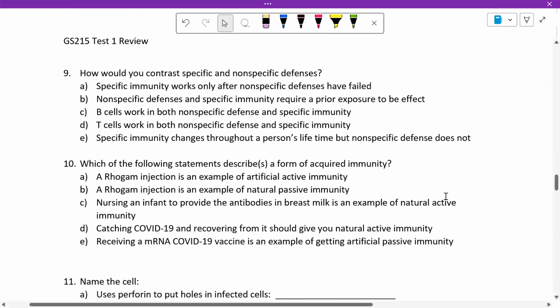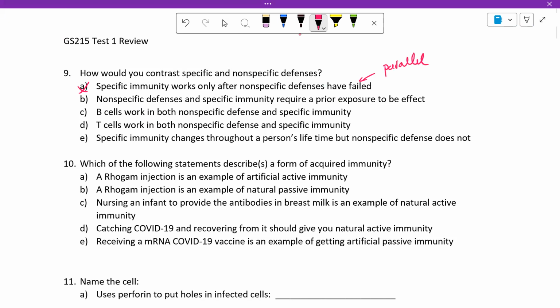All right. How would you contrast specific and non-specific defense? For the interest of time, I'm just going to go through it with you. Specific immunity works only after non-specific have failed. Not necessarily, right? They could be parallel to each other. Non-specific defense and specific immunity requires prior exposure to be effective.